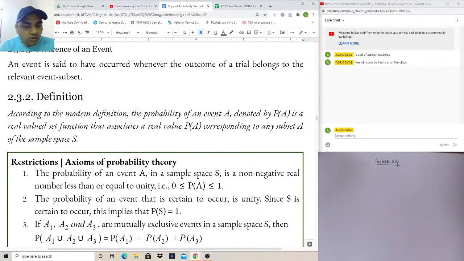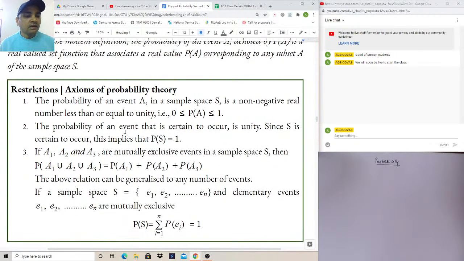According to the modern definition, the probability of an event, denoted by P(A), is a real valued set function that associates a real value P(A) corresponding to any subset A of the sample space S. So what are the different restrictions on this probabilistic theory?